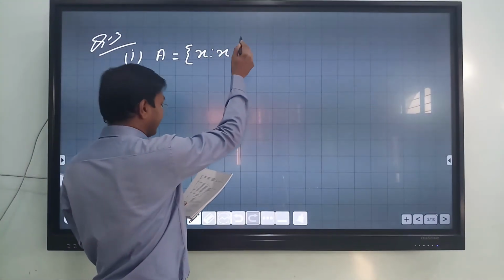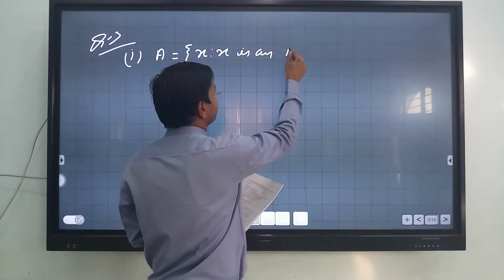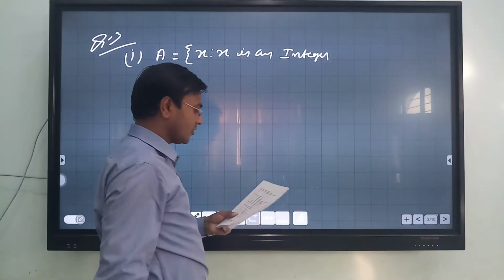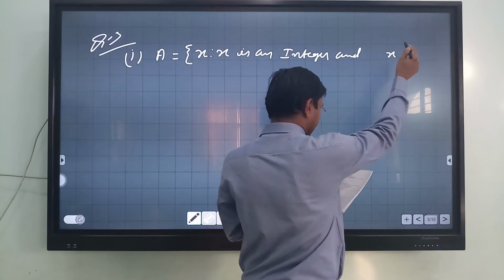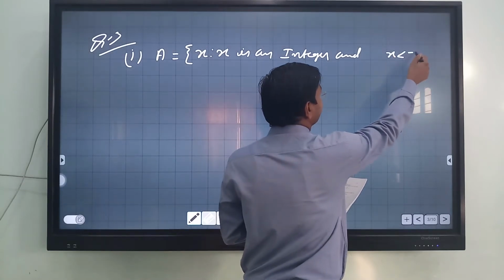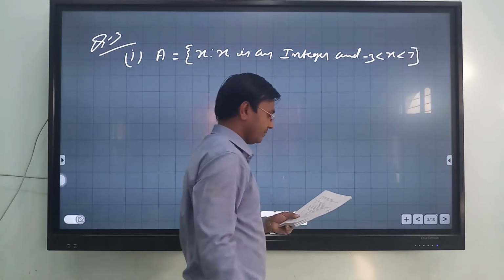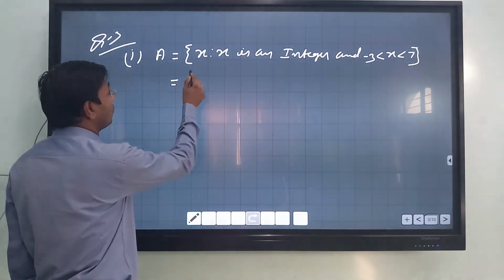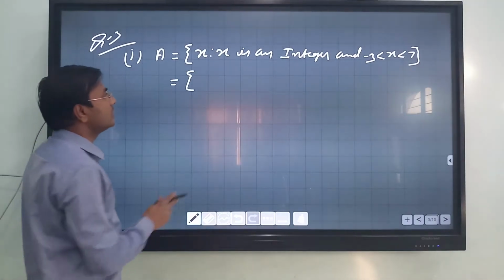X is such that X is an integer, also X is less than 7 and greater than minus 3. In roster form, we write all the elements and put commas to separate them.